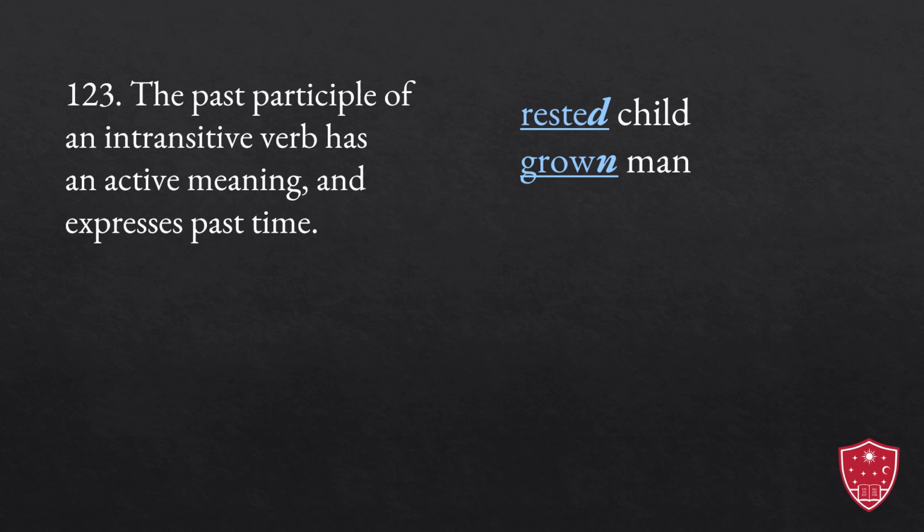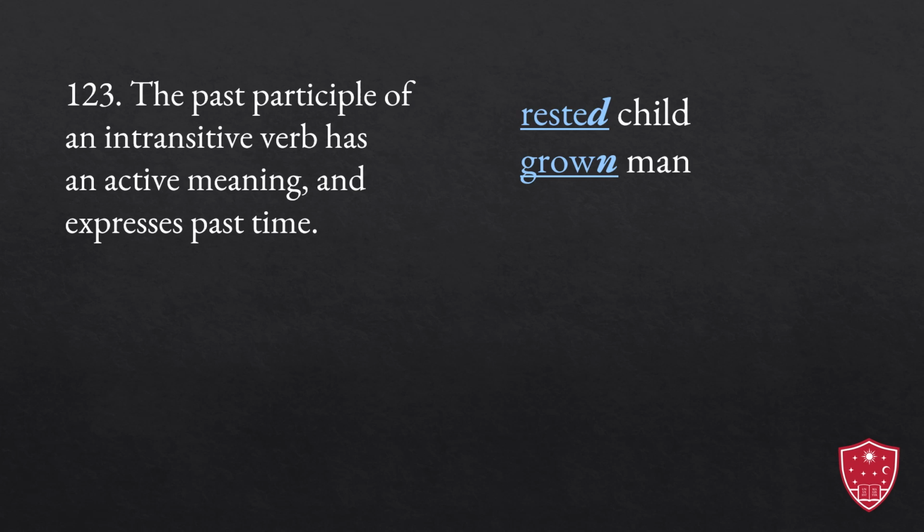A rested child. The verb rest is an intransitive verb, and we can form a past participle from that verb, rested, the rested child. And the second example is a grown man. To grow is an intransitive verb. Grown is a past participle drawn from the verb to grow. So we have rested child and grown man, two examples of past participles that are drawn from intransitive verbs.